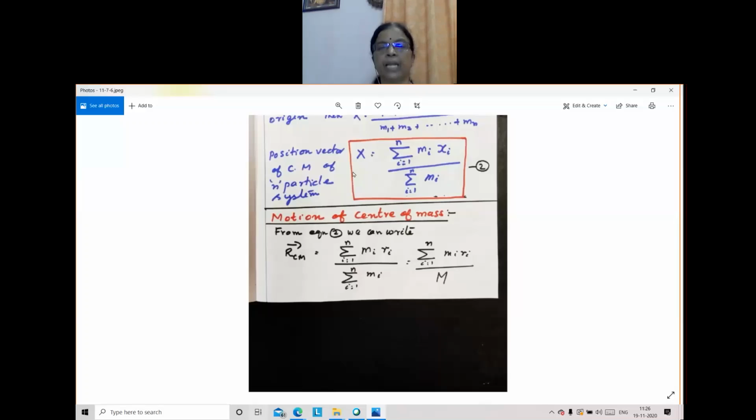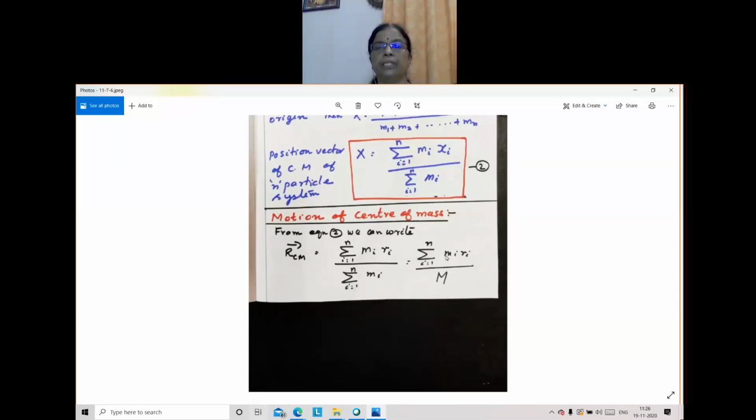In the place of x, what we have written? Capital R is equal to sigma i equal to 1 to n m_i. Here, in the place of x you give r, because, as we have studied in other chapters, r is used to represent the position vector. That's why we have replaced x with r: m_i r_i by sigma i equal to 1 to n m_i.